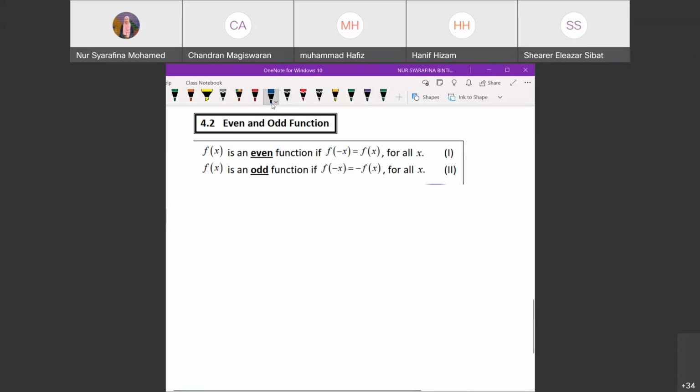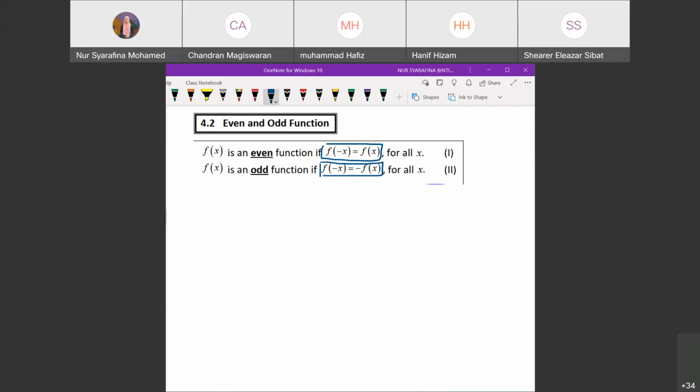Okay, so what is even and odd? f(x) is even when f(-x) equals f(x). f(x) is odd when f(-x) equals negative f(x). So this is the definition in terms of function.